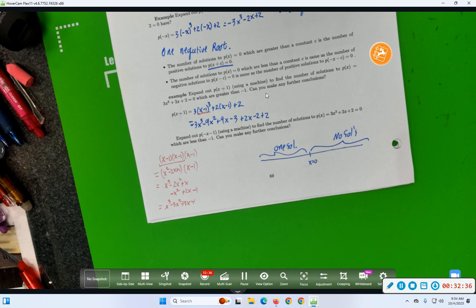Is that good enough for us to apply Descartes' law of signs to? Are the powers all written in decreasing order? Not really. So let's combine some like terms. There aren't that many terms to combine, but we need to combine them.